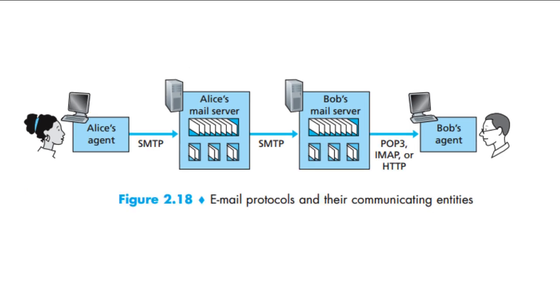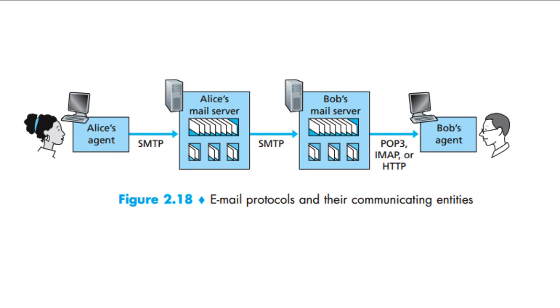In the email protocols and their communicating entities, Alice's user agent uses SMTP to push the email message into her mail server. Then Alice's mail server uses SMTP to relay the email message to Bob's mail server. This is done primarily because, without relaying through Alice's mail server, Alice's user agent doesn't have any recourse to an unreachable destination mail server.